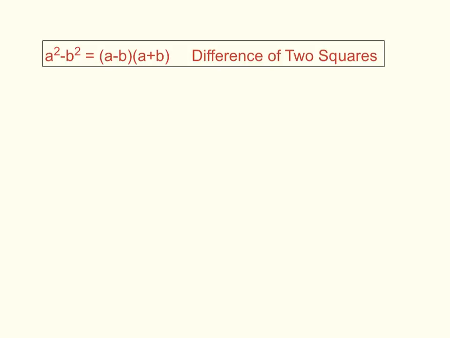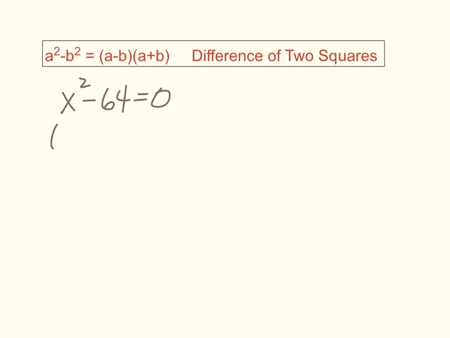Now I want to show you a very specific and special type of factorization. And this special factorization is called the difference of two squares. If I have a binomial that has two terms and both of the terms are perfect squares, for instance, if I had x squared minus 64, both of those are perfect squares.